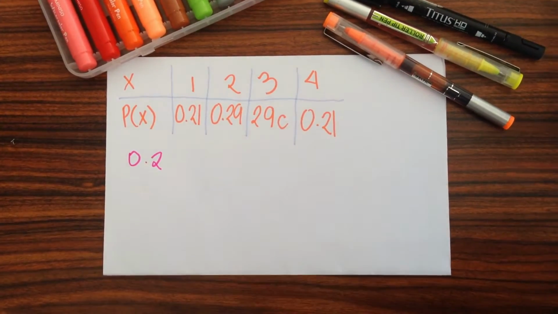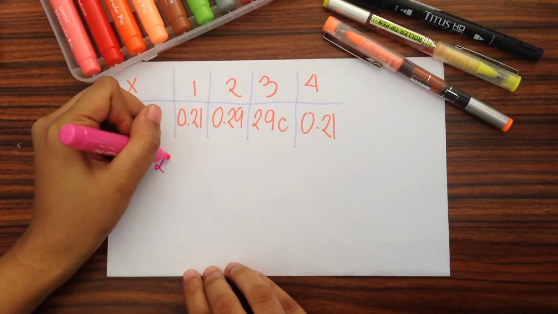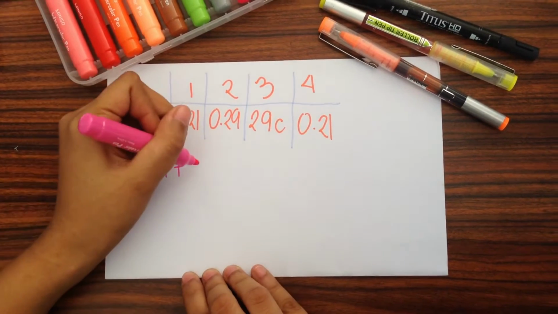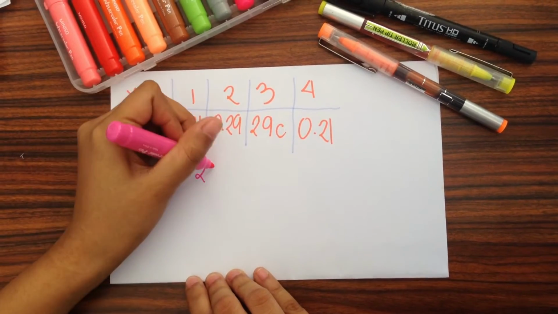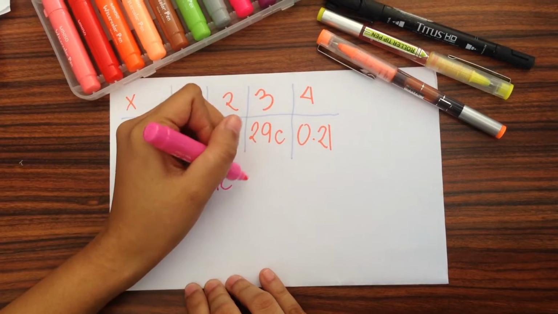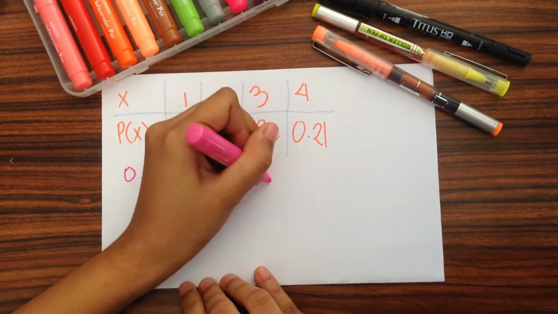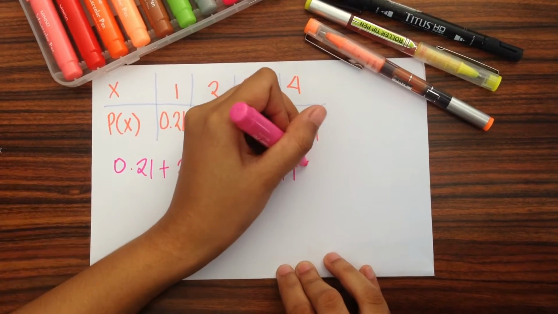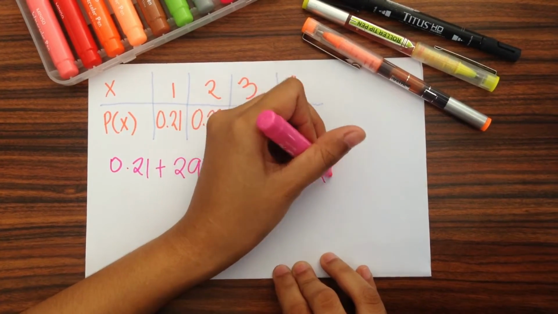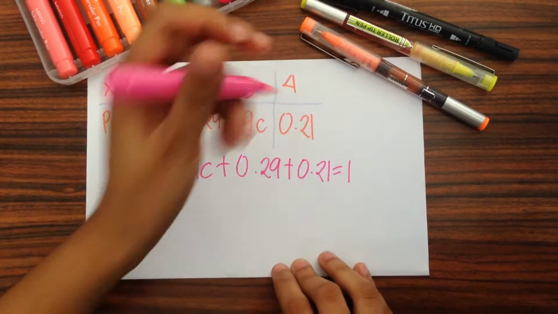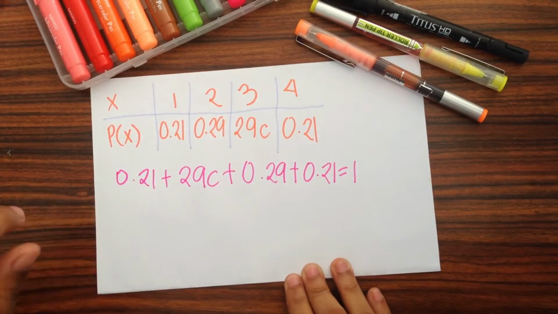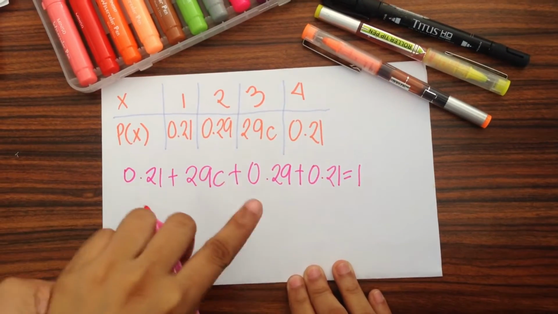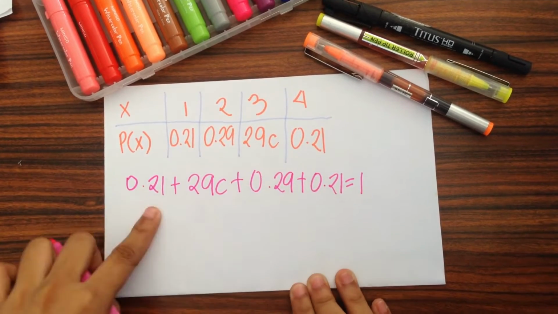Para makuha ang value ng 29C, ilista muna lahat ng value ng P of X: (0.21 plus 29C plus 0.29 plus 0.21).